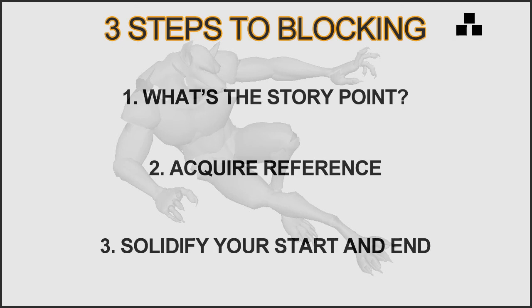There's nothing worse than blocking in your animation only to realize that the character may need to be pulled back a bit just so that it can stay in frame. So if we figure out our start and end, again, we can pose everything that happens in the center more confidently, knowing that everything will be framed correctly.